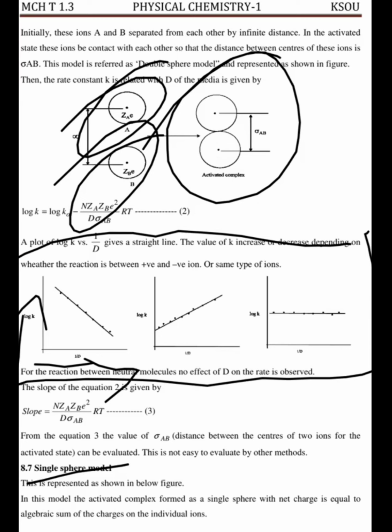When the rate of reaction also increases as the ionic strength of the electrolyte or solution increases, it means both are positive or both are negative ions. When the rate of reaction is constant as the ionic strength increases, both the ions will be neutral, zero.